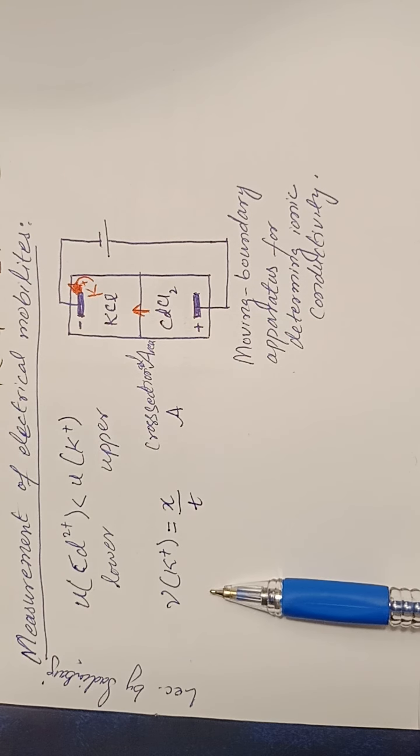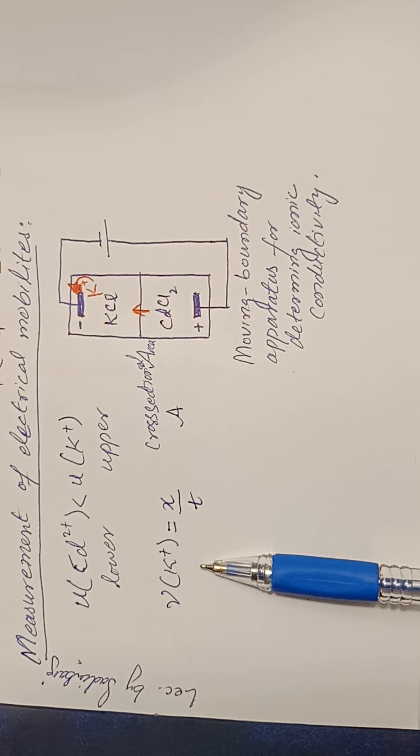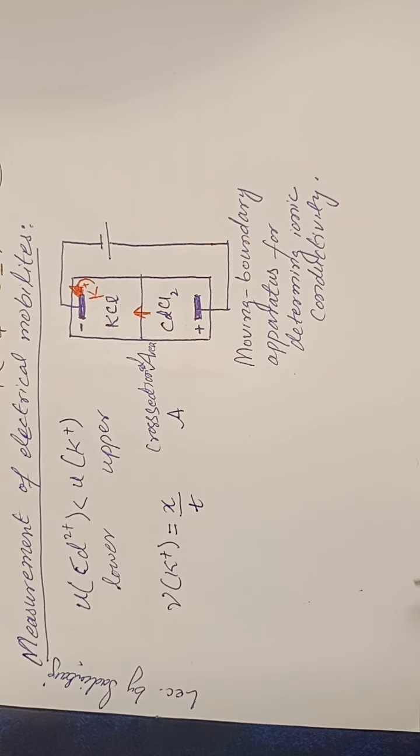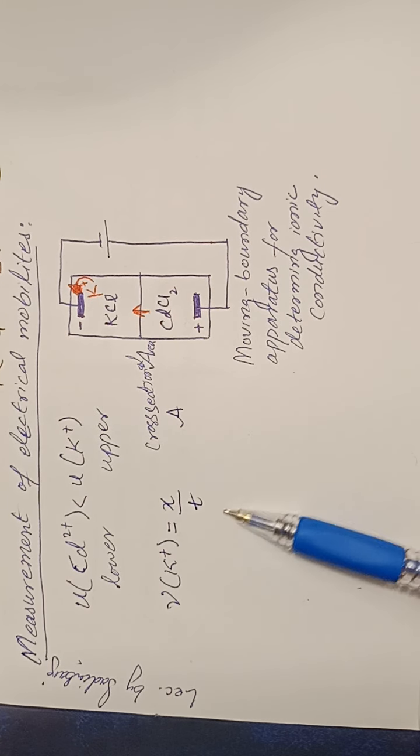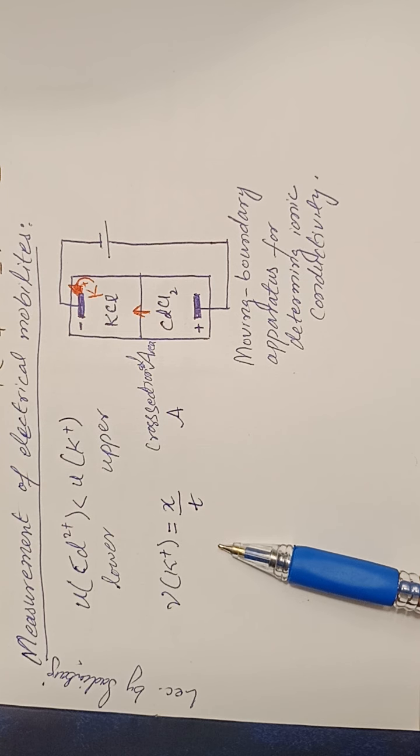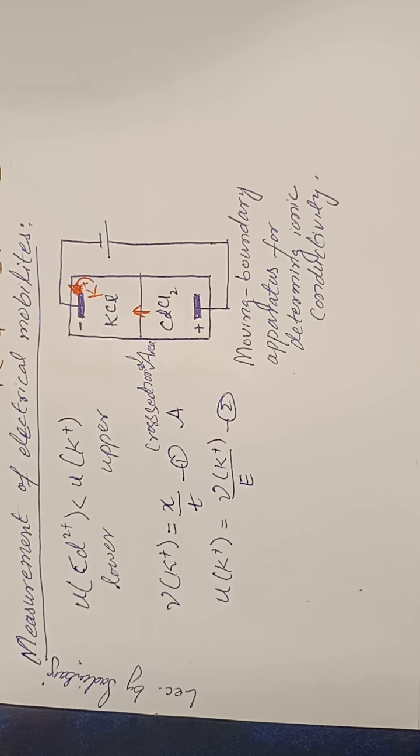Once the drift speed is known, the mobility of the potassium ions can be measured by equation 2.